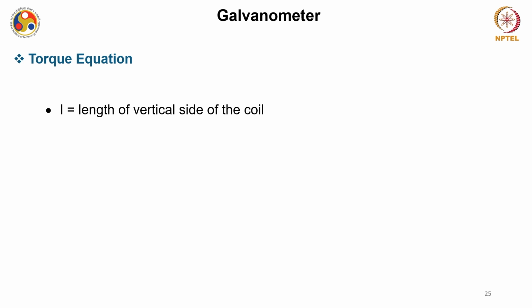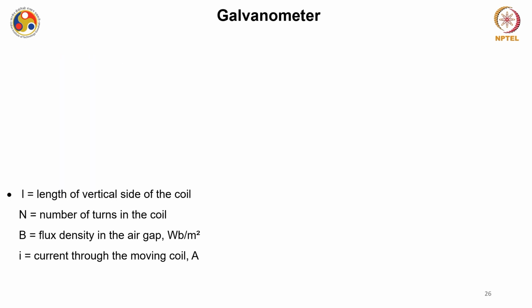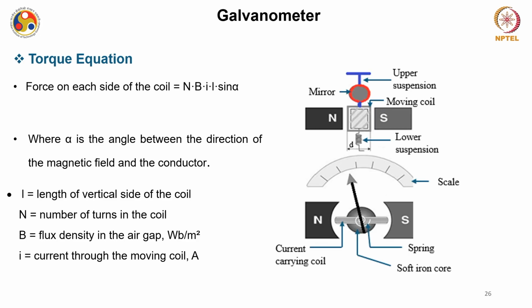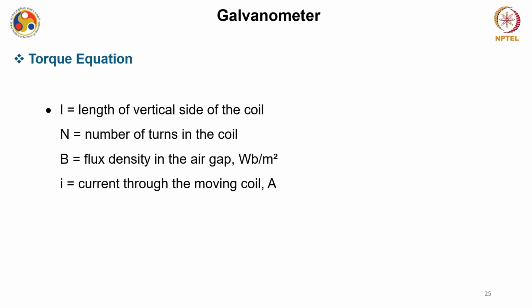Now let us try to understand the torque equation of this galvanometer. To understand this torque equation, let us see what the force on each side of the coil is.